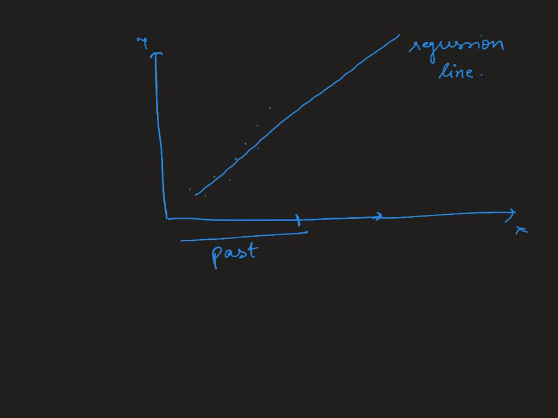Now what a regression line is supposed to do is have a minimum sum of squared errors. So now that we're here, this is my line between the past and the future.